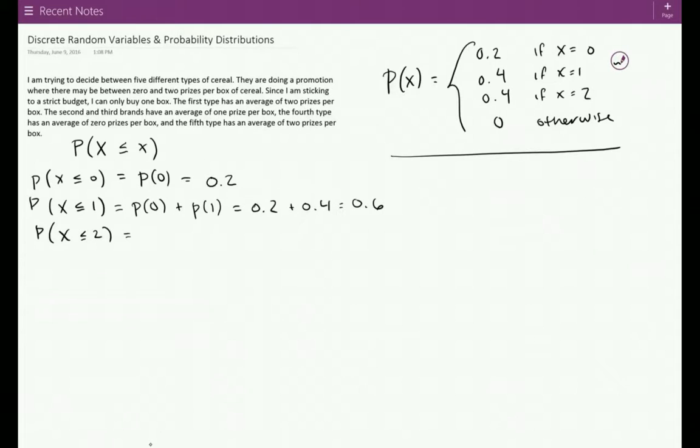And the probability that our random variable X is less than or equal to 2 includes all the possible values of our random variable. So we will sum, in this case, the 3 values from our PDF, to get 1.